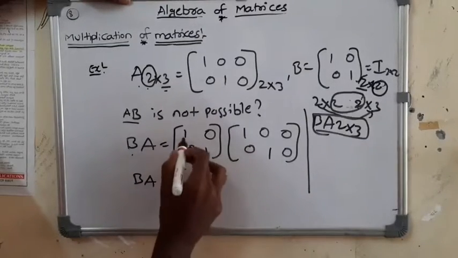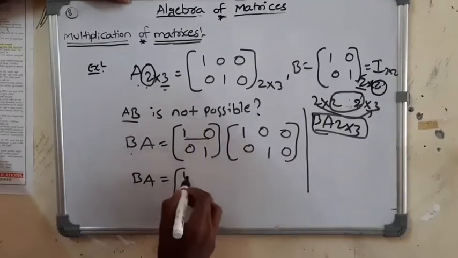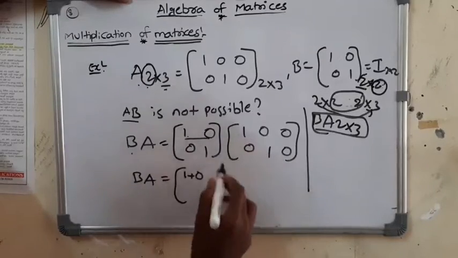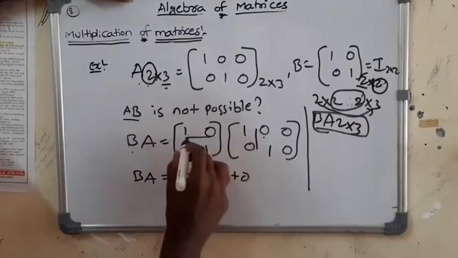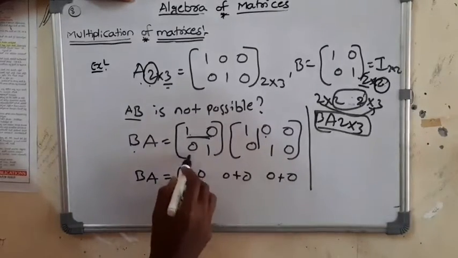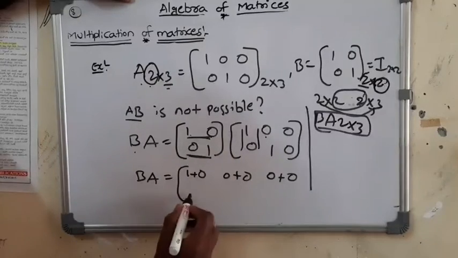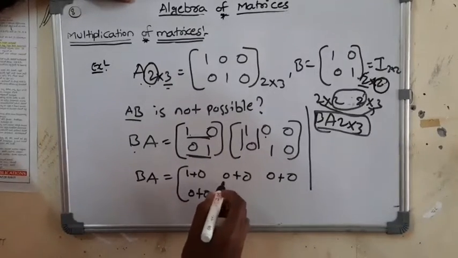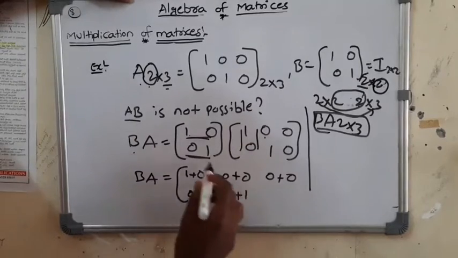Let us calculate. First row into first column: 1 into 1, 1, and 0 into 0, 0. And 1 into 0, 0 plus 0 into 1, 0. And third column 1 into 0, 0 plus 0 into 0, 0. And let us try second row with first column: 0 into 1, 0 plus 1 into 0, 0. And with second column, 0 into 0, 0 plus 1 into 1, 1.